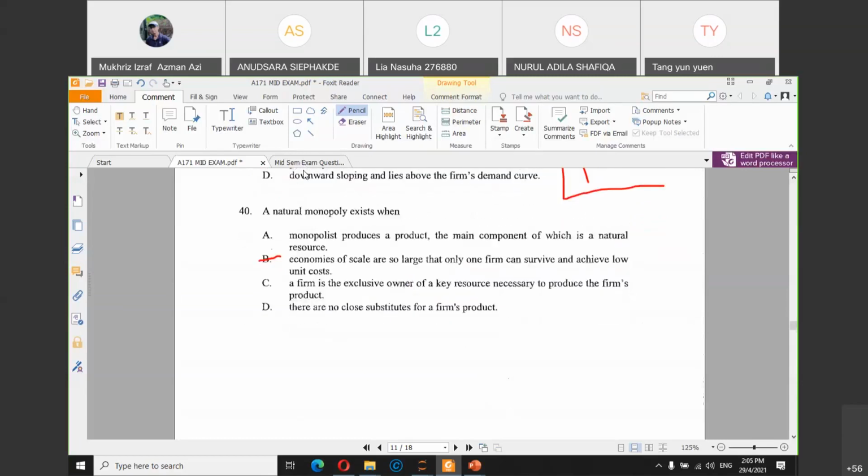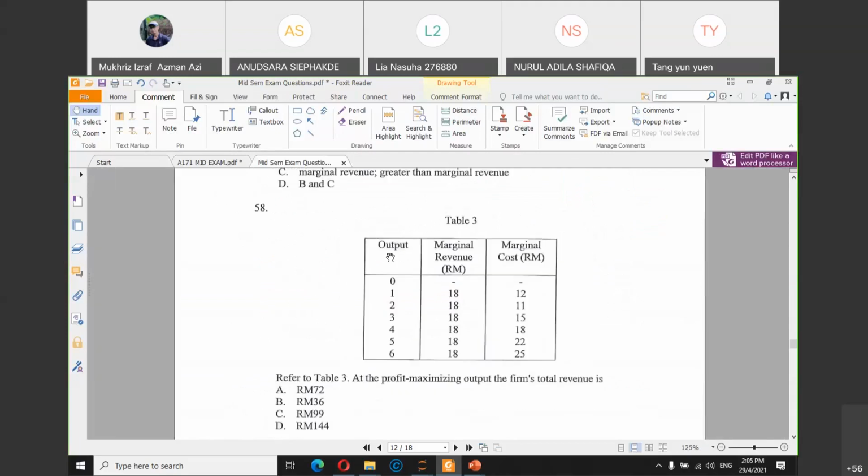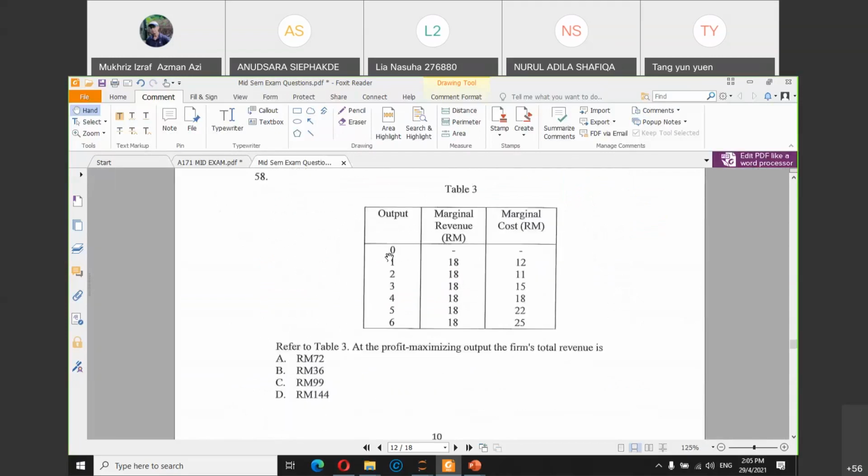Maybe one more question, a simple question on profit maximizing output.